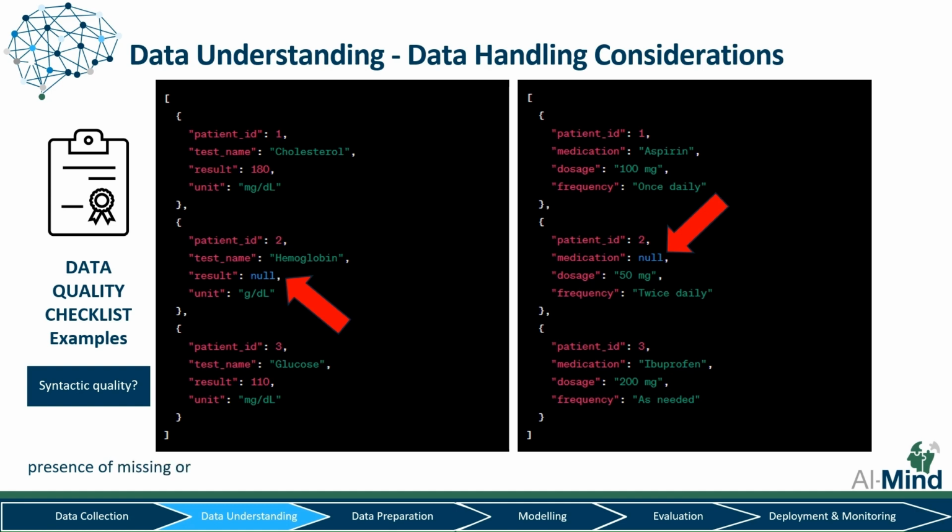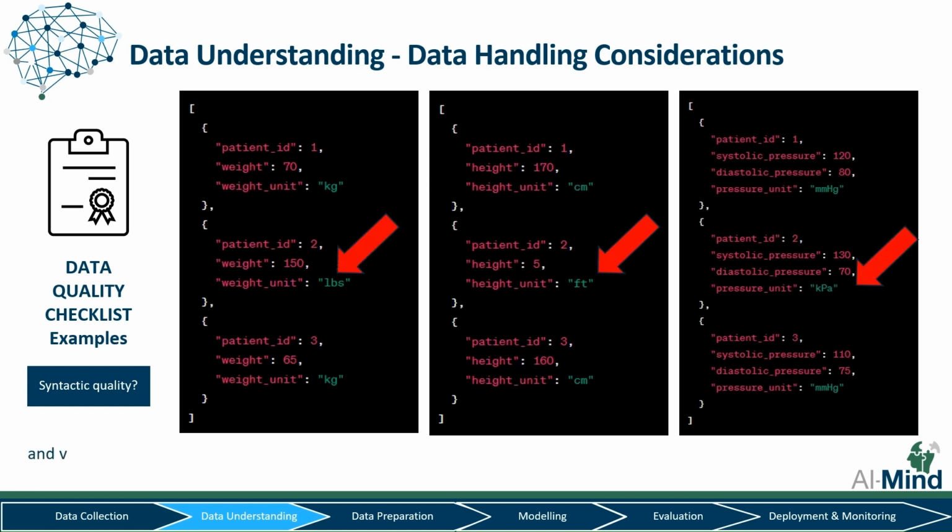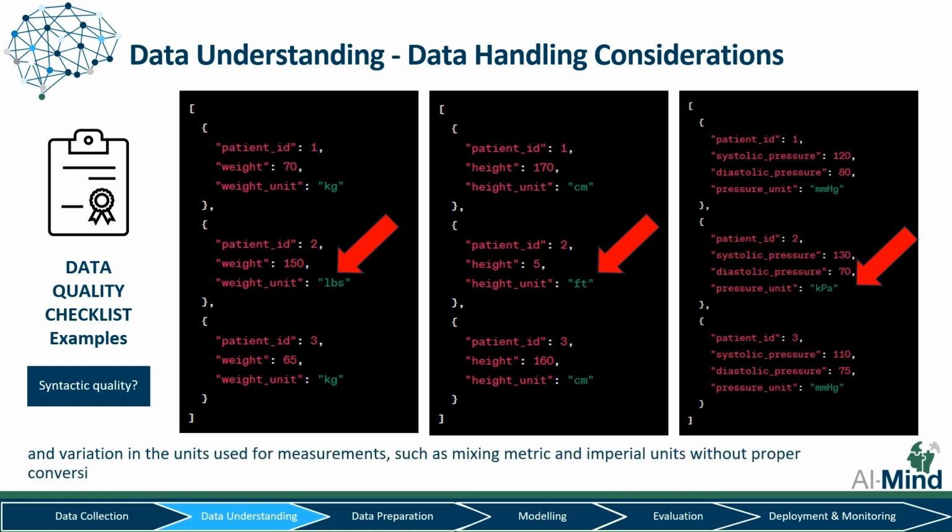Other issues include presence of missing or null values in fields where data is expected, leading to gaps in the dataset, and variation in the units used for measurements, such as mixing metric and imperial units, without proper conversion.